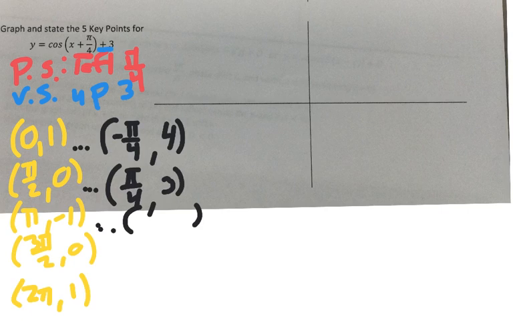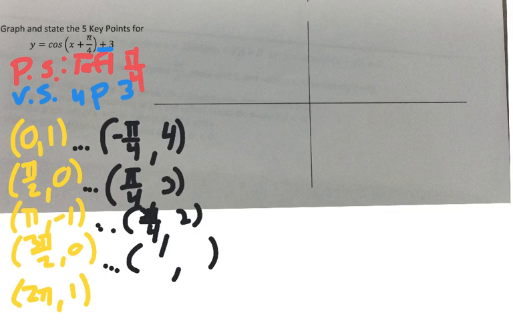The next one, was it pi? Now if I back up pi over 4, that leaves me at 3/4 pi, 3 pi over 4. And then up 3 is going to put me at 2. 3 pi over 2. And I back up pi over 4.